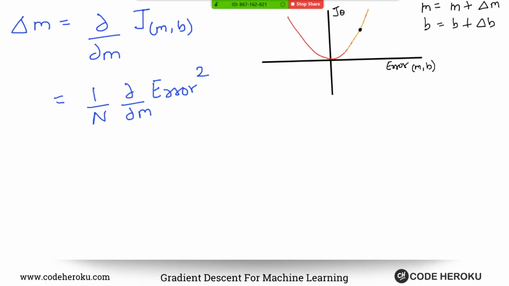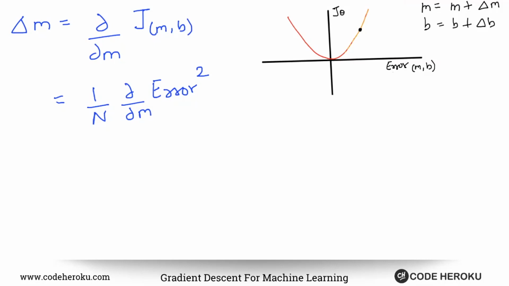So can someone tell me what's the value of the partial derivative of error square? First tell me, from our very basic calculus class, d by dx x square. What is the answer to d by dx x square?